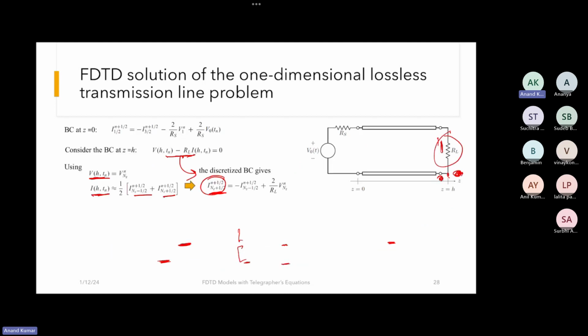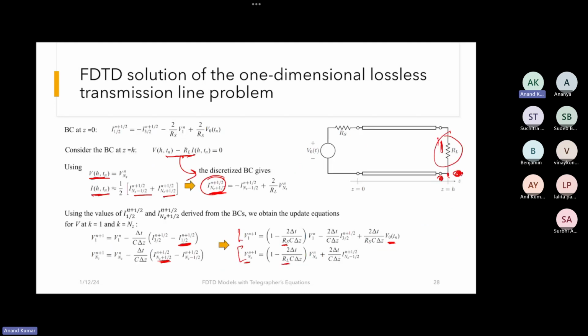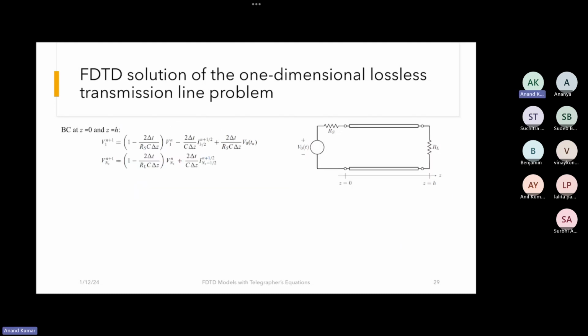Similarly, in the next slide, we evaluated the current value at this node over here after the simulation space. Once we got the expressions for the current values, we substituted them back into the update equations, and these are the boundary conditions. So try to work out the maths in this scheme for the boundary conditions by yourself.